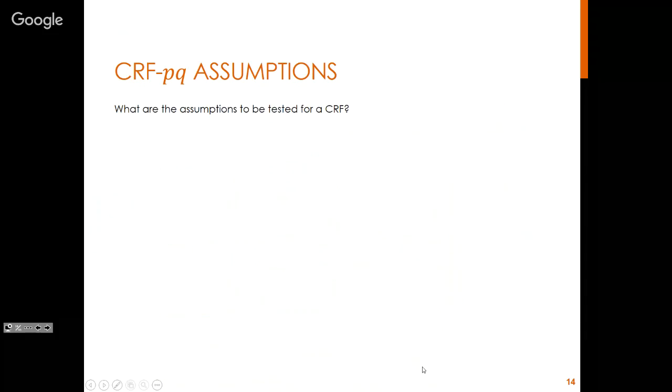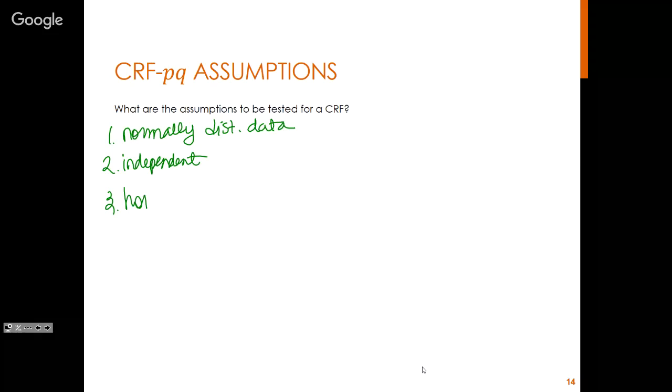What are the assumptions for the completely randomized factorial? Normally distributed data, data are independent, and homogeneity of variance.